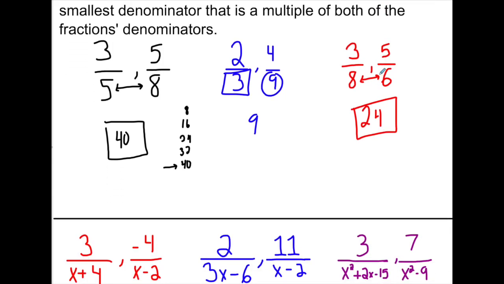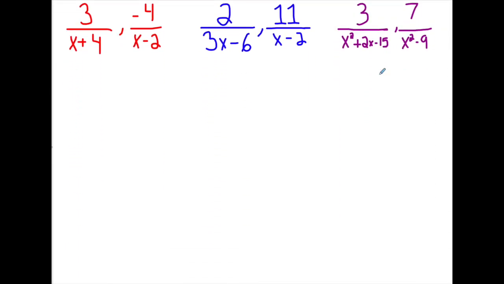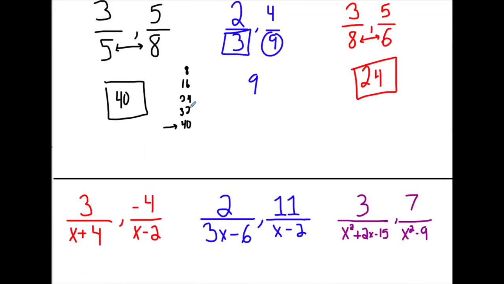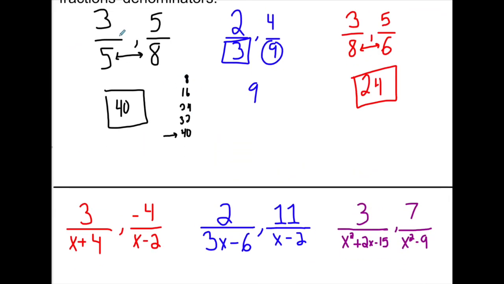So this is with numbers, but what about when we have fractions? What I'm going to assert is that the cases that you see here are similar. The first case we had was one in which there were no factors shared among the denominators.